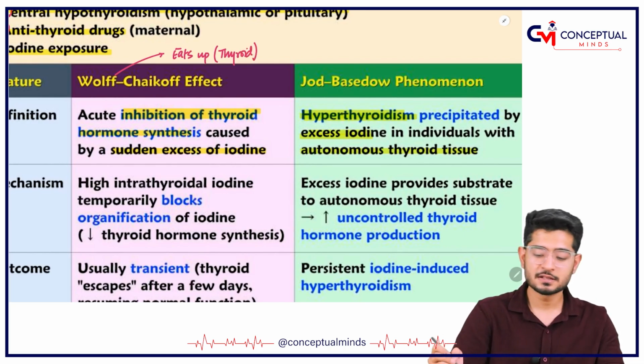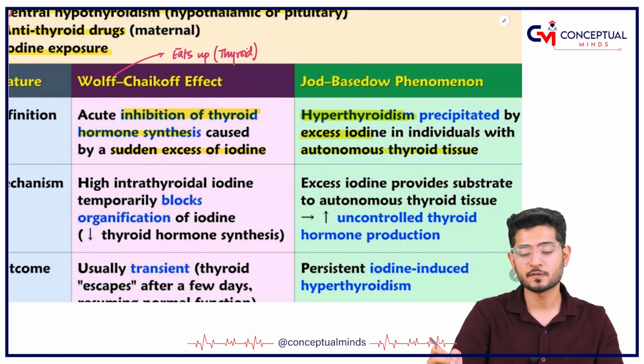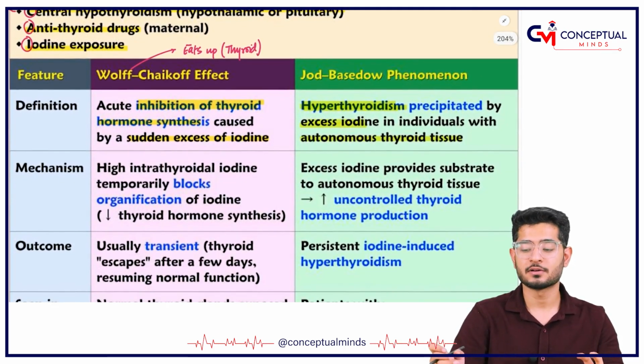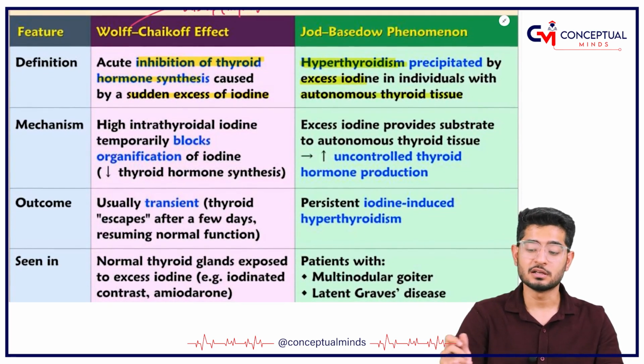Since it has eaten up the thyroid, there is inhibition of thyroid hormone synthesis. Whereas Jod-Basedow is hyperthyroidism with excess iodine because the autonomous thyroid tissue is present, and if you supply more iodine, it is going to increase.